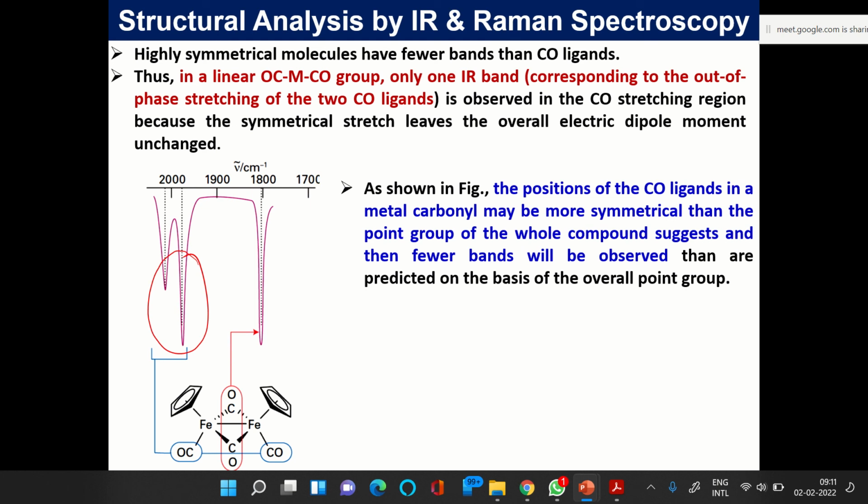It was also expected, from the overall symmetry of the molecule, that we should get two bands for bridging CO. But because of this, see this circle, because they are collinear, the two bridging ligands lie almost on the same line. So one of the vibrations will generate no electric dipole moment, which the overall picture suggested should be there, and that is why we see one band less. Here we get only one band, not two, because they are collinear. This kind of effect is quite commonly observed.